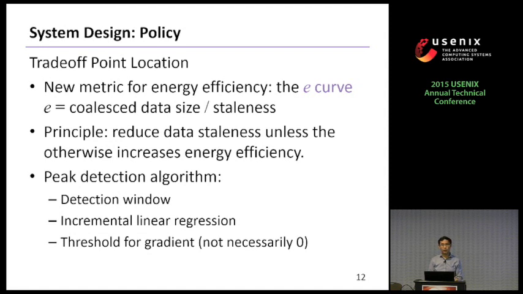When a new write comes, we'll slide the window by 1 step and feed a new E ratio to an incremental version of a linear regression. If the gradient is below a threshold, we will suggest a checkpointing.